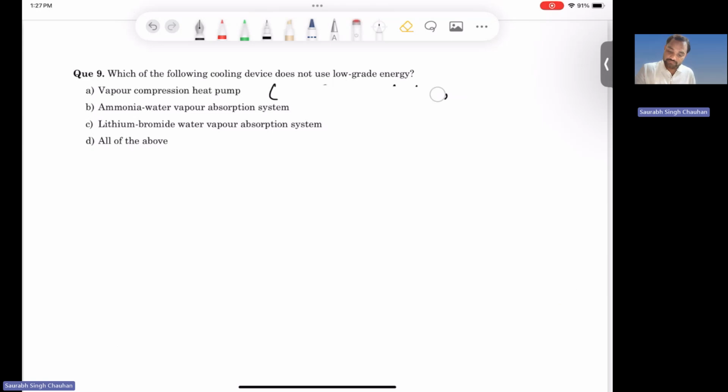Sorry, I will write it again. Okay, so there is one expansion valve. After the expansion valve, you get very cool refrigerant. Then you have the evaporator, where heat is removed from the colder environment.